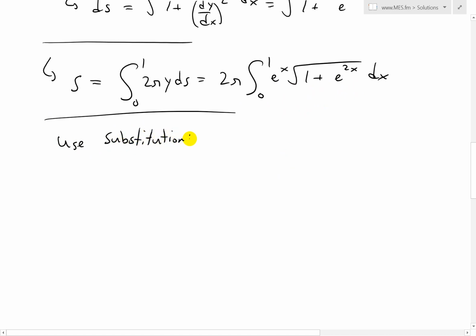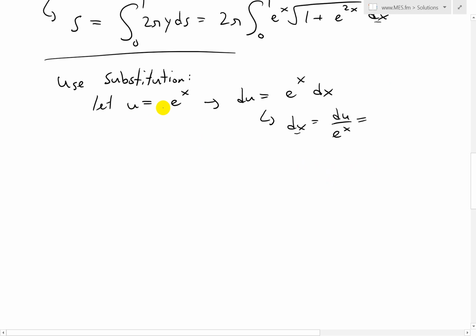So use substitution. In this case we let u equal e to the x, so that the differential du equals e to the x dx. We solve for dx equals du over e to the x. When you plug this dx in, you can cancel these e to the x's, and e to the x is just u, so we have du over u.